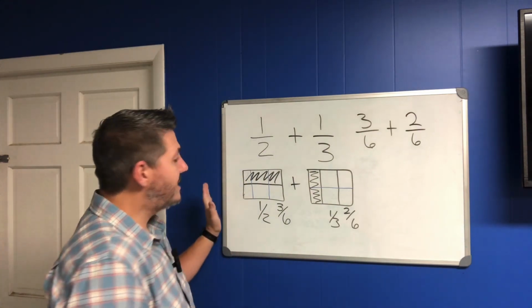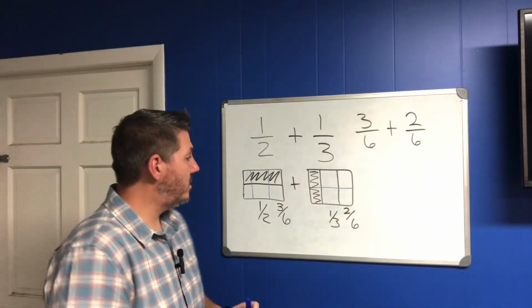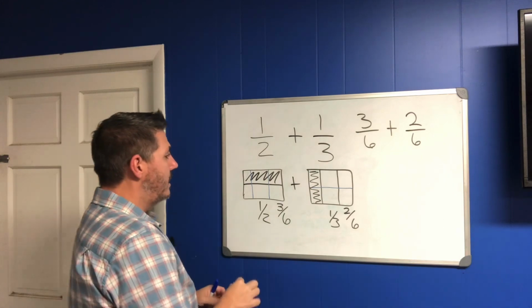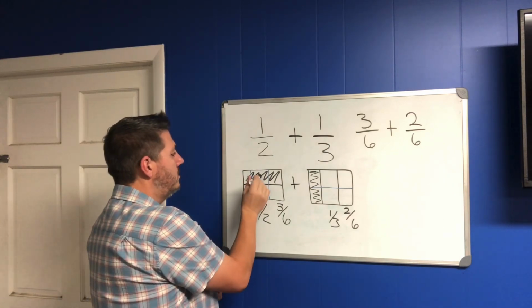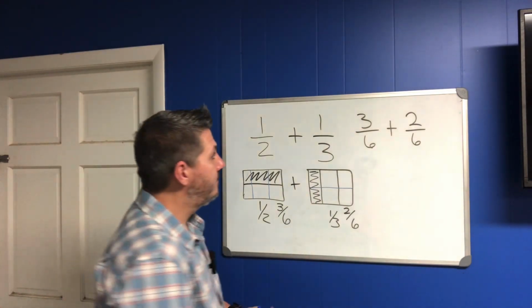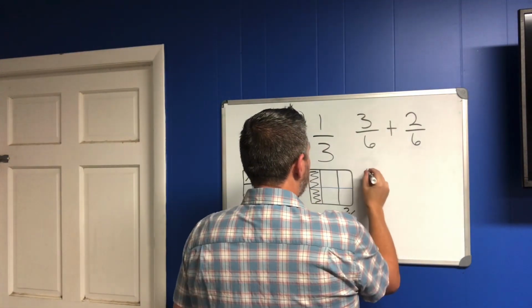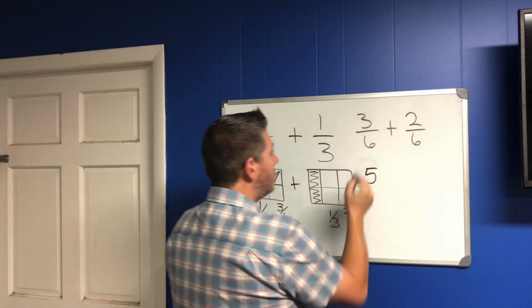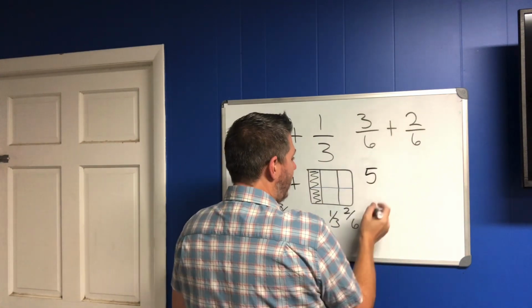Now, let's just count how many squares are shaded in both rectangles. 1, 2, 3, 4, 5. 5. So that's my top number. 3 plus 2 is 5.